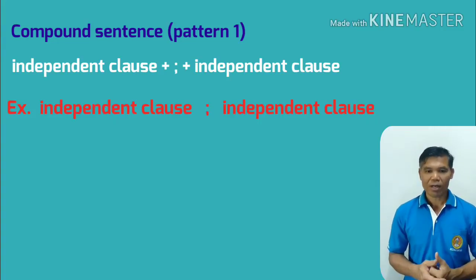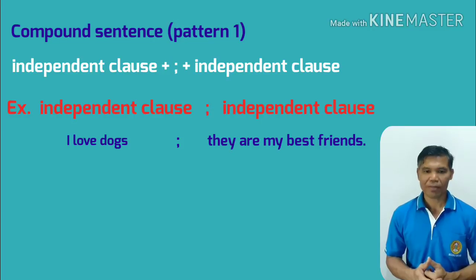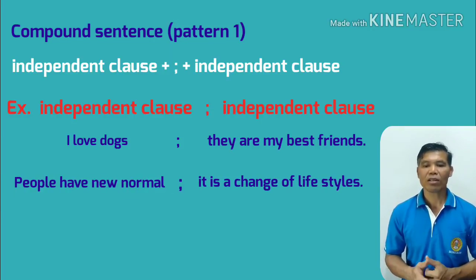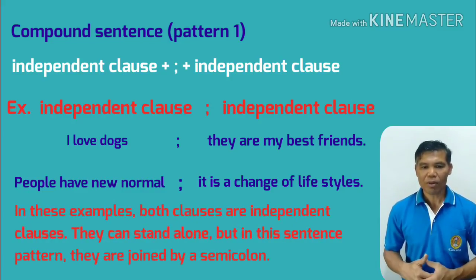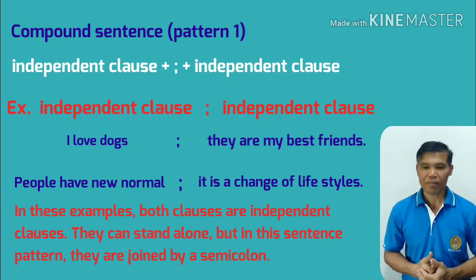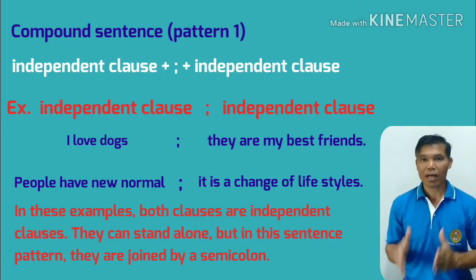For example, I love dogs; they are my best friends. People have a new normal; it is a change of lifestyles. In these examples, both clauses are independent clauses. They can stand alone. But in this sentence, they are joined by a semicolon.